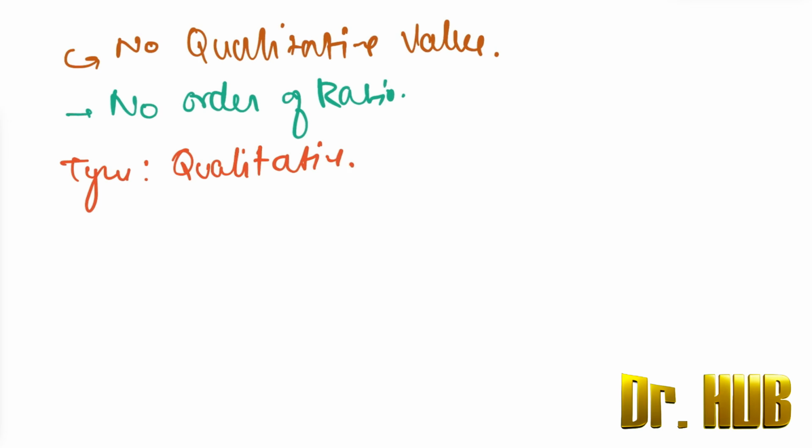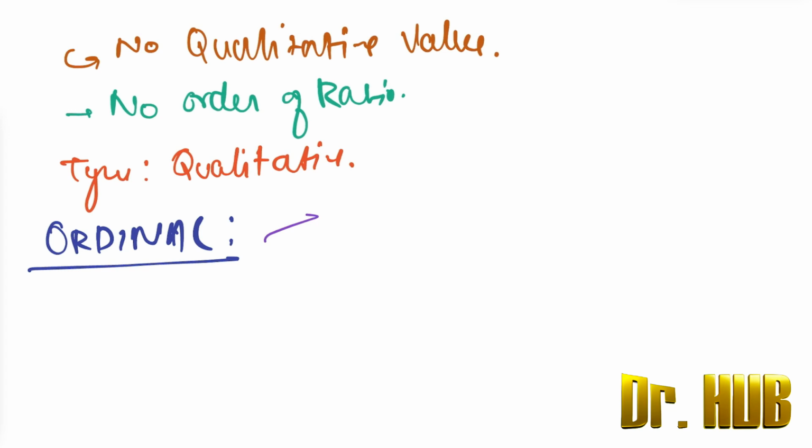Next, we'll move on to the ordinal scale data. Examples include students ranked first, second, and third.